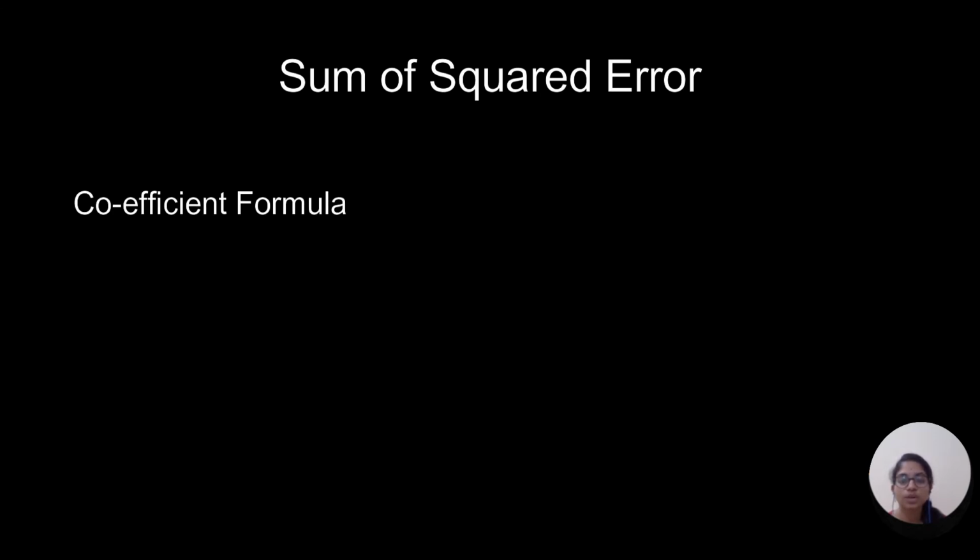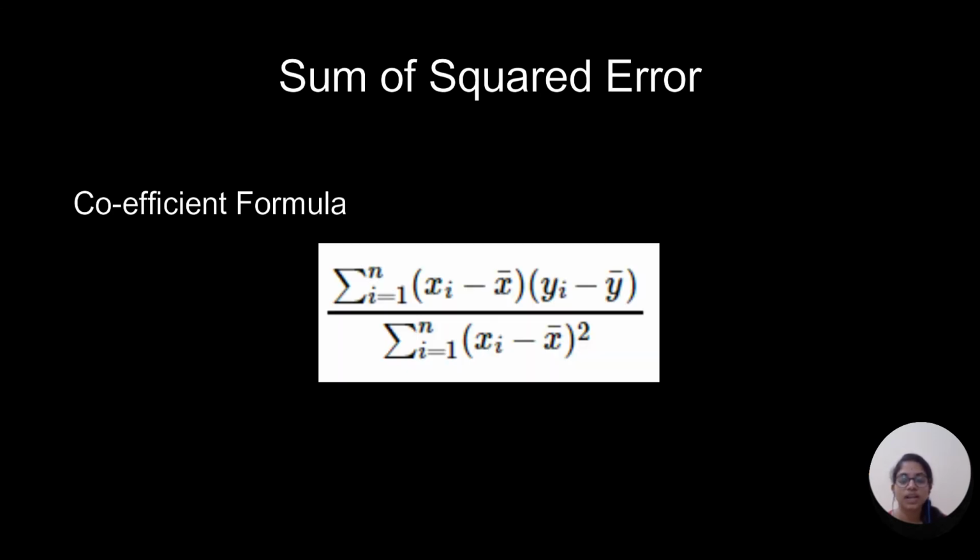To calculate the coefficient b1, the formula is the sum from i equals 1 to n of (xi minus x bar)(yi minus y bar), divided by the sum from i equals 1 to n of (xi minus x bar) squared. There are two conditions for exploring b1.